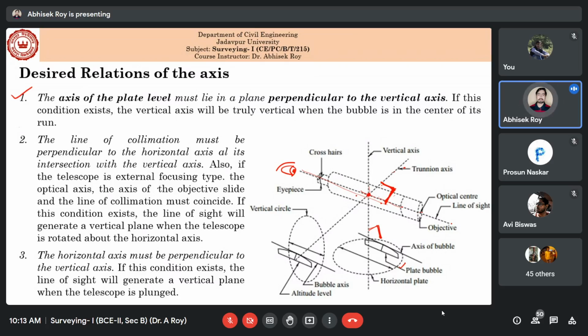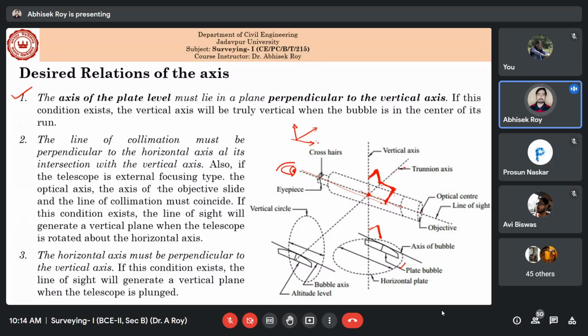Similarly, the horizontal axis must be perpendicular to the vertical axis also. So this vertical axis must be perpendicular to the horizontal axis also. That means this angle also should be 90 degrees. So these are the three axes you can see, like XYZ, like our orthogonal axes.